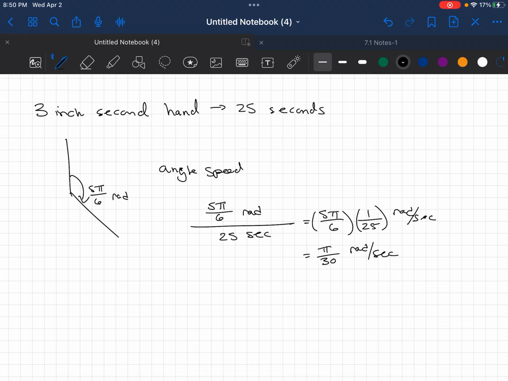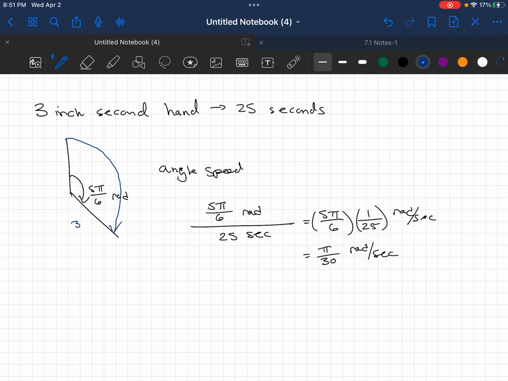So pi radians per 30 seconds, which hopefully makes sense for a second hand, right? Because it takes 30 seconds to go halfway around, which is pi radians. And we can talk about the rate that the angle of the second hand is changing as pi over 30 radians per second.